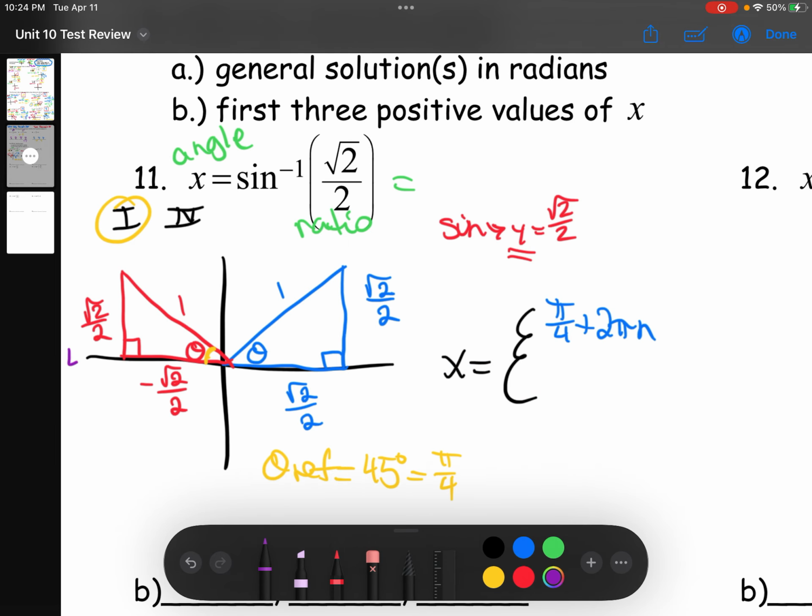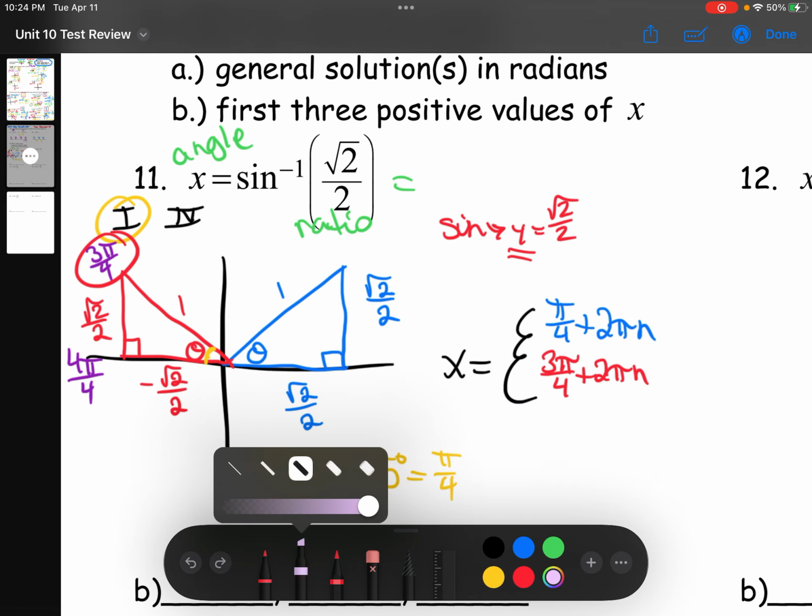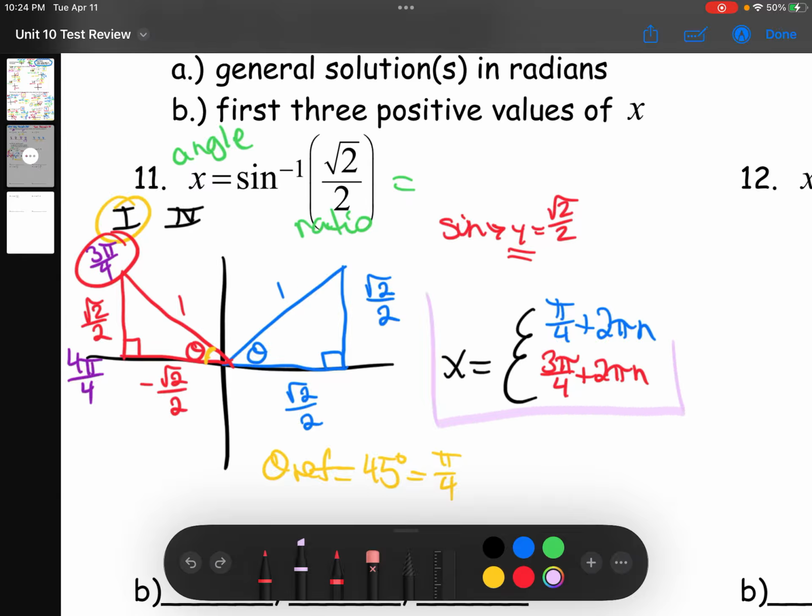So the axis on the left, that angle, is pi, or 4 pi over 4. So when we go backwards by pi over 4, this lands at 3 pi over 4. So 3 pi over 4 is the other part of the solution. 3 pi over 4 plus 2 pi n. And this is really big. This is your general solution, part A.